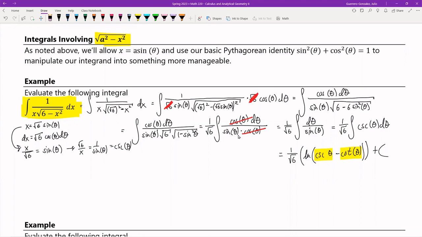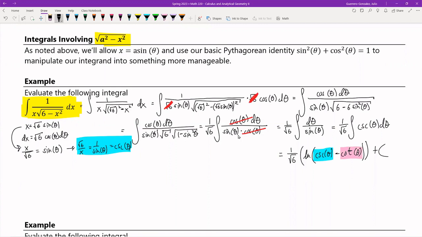Okay, so this right here we have from here. Now let's go ahead and look for cotangent.